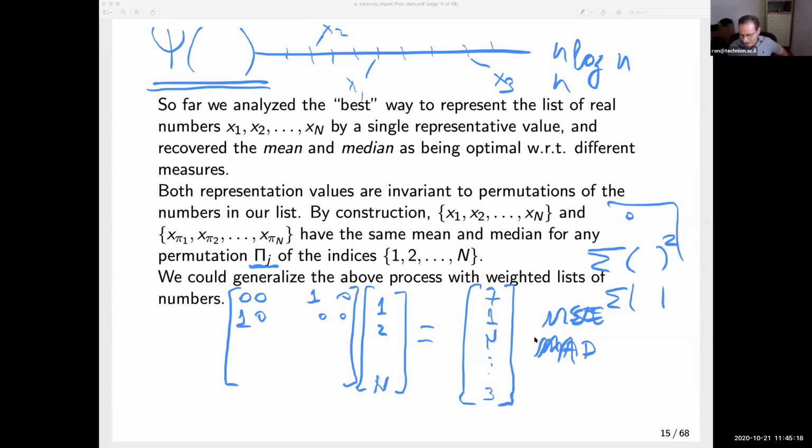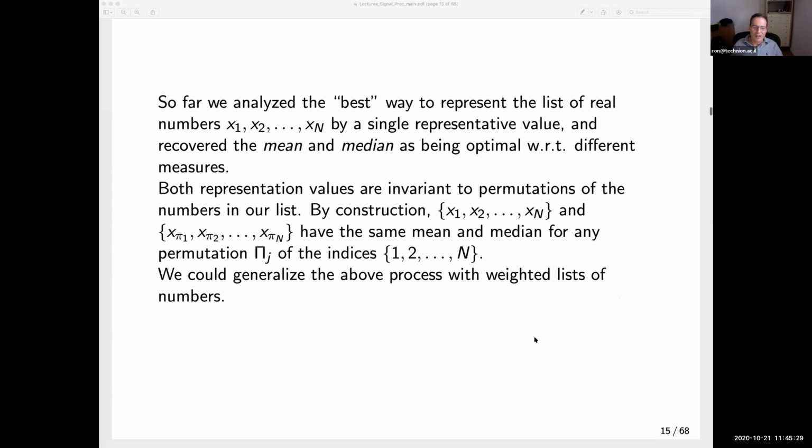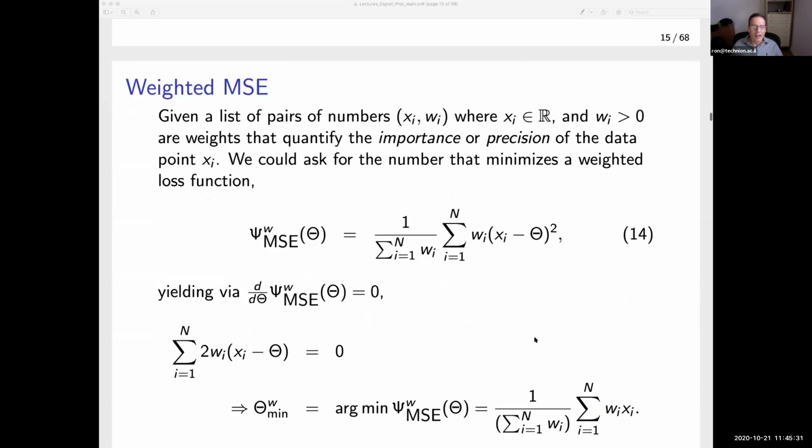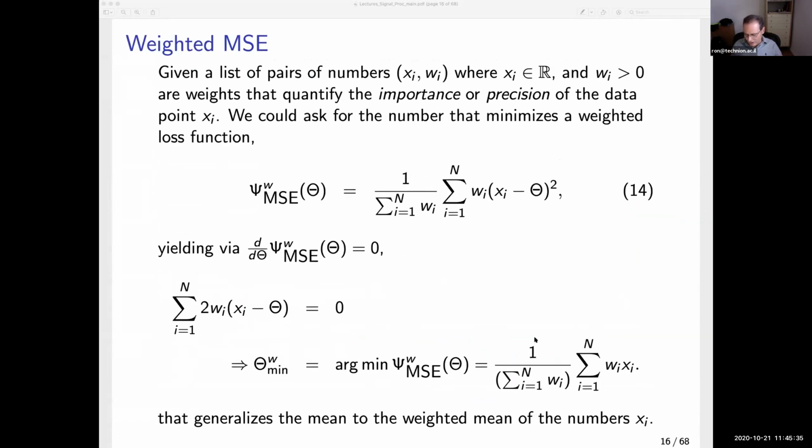So in the specific case of MAD or MSE, we are lucky to have a permutation invariant penalty function.